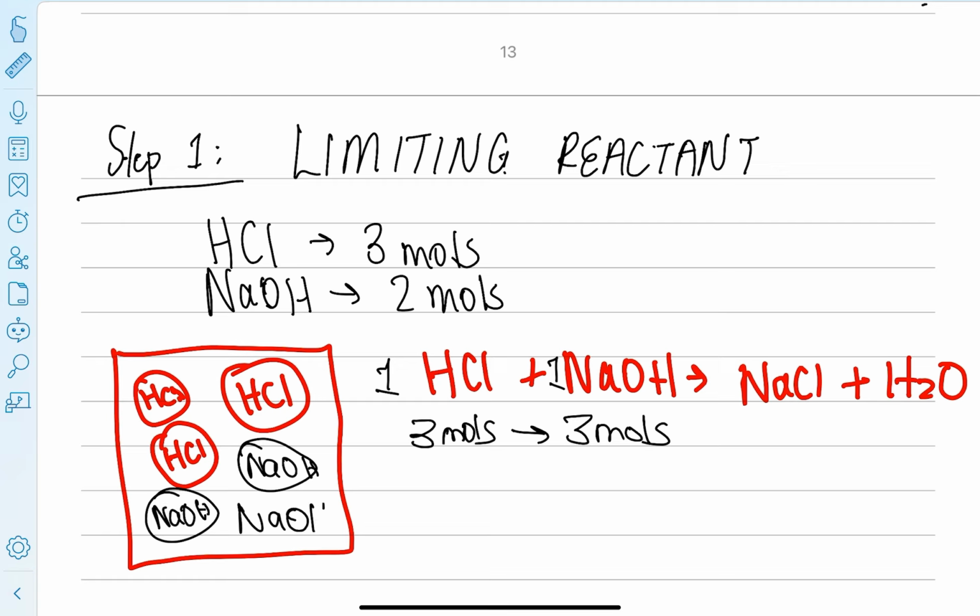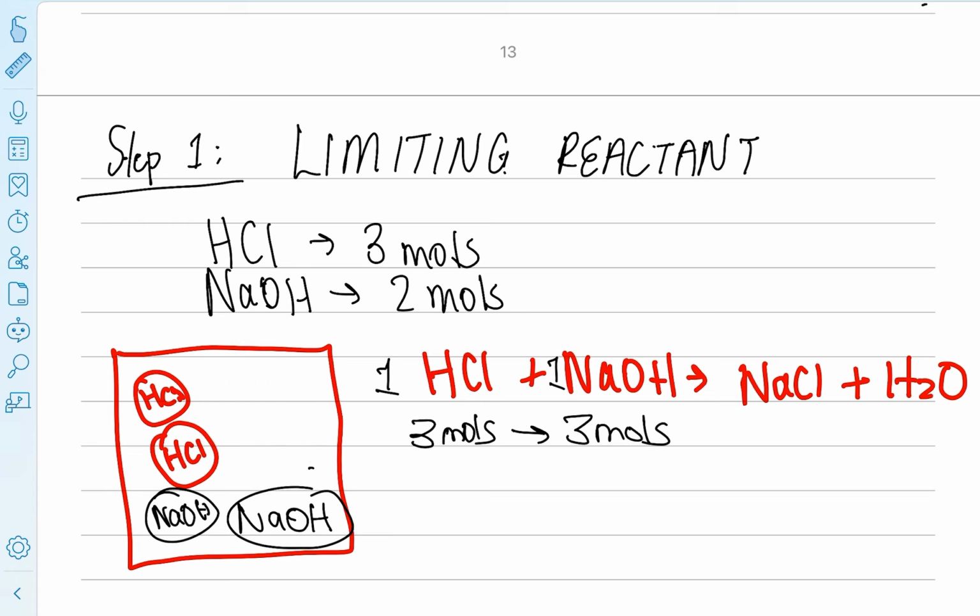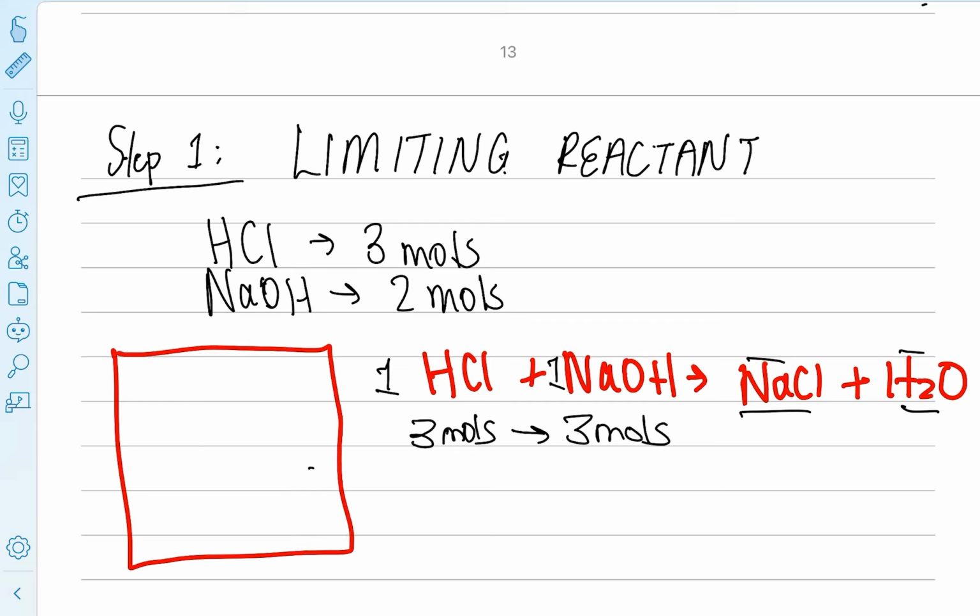Because guess what would happen here? If you had 3 moles of sodium hydroxide, which we don't though, that one reacts with that one to form sodium chloride and water. That one reacts with that one to form sodium chloride and water. Another one reacts with that one to form sodium chloride and water, and eventually a complete neutralization reaction.